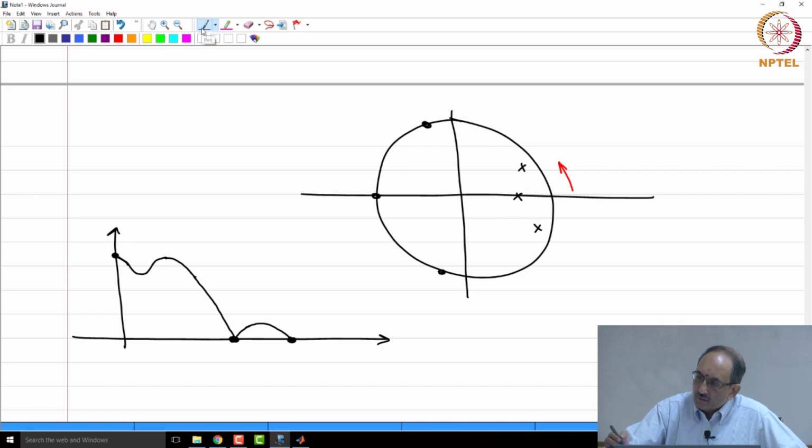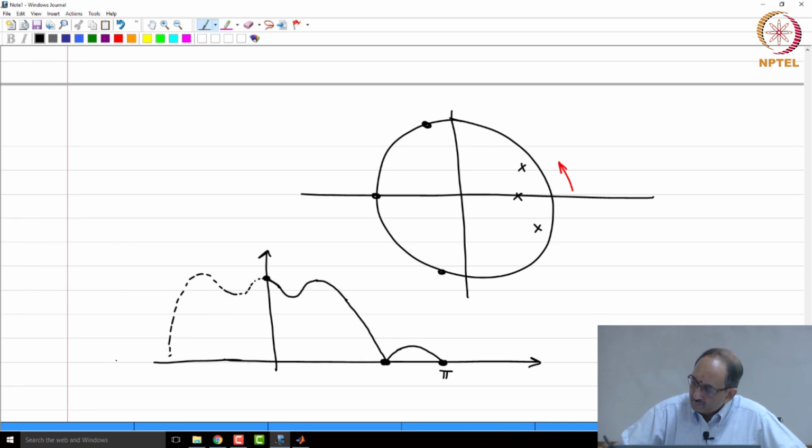And you can complete the frequency response. So, this is pi. So, you can complete the frequency response for the minus pi to pi part also. So this is minus pi to pi.